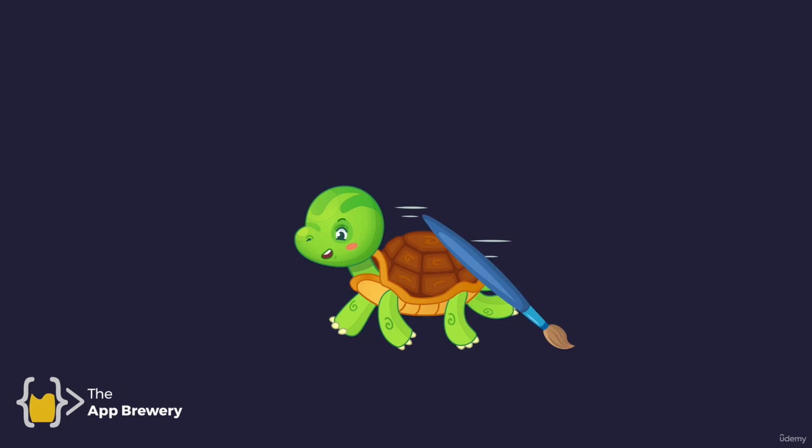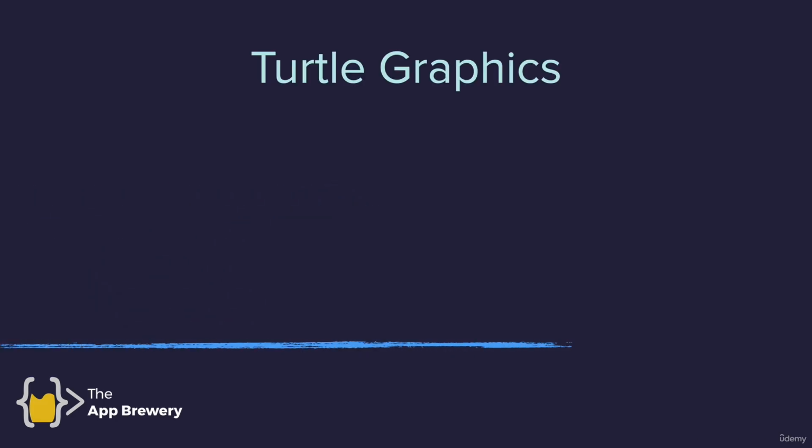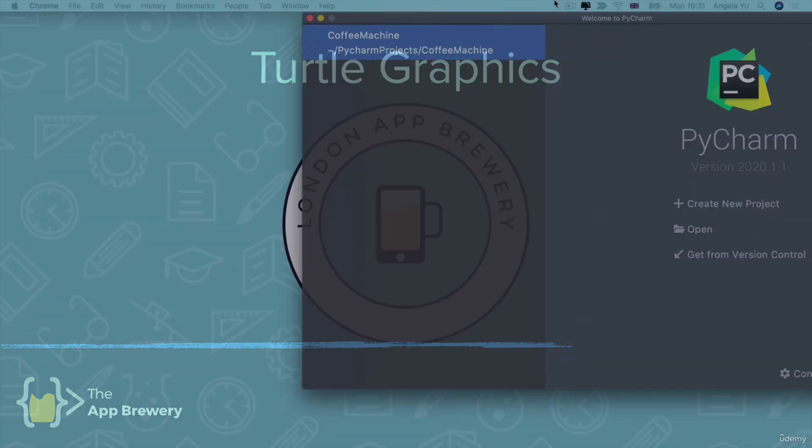Now, this turtle has a paintbrush on its back, and you can tell the turtle to dip the paintbrush in different colors, pick different size paintbrushes, and most importantly, you can tell it to draw onto the screen. This library is called Turtle Graphics, and it's preloaded with every download of Python. So we can get started with it straight away.